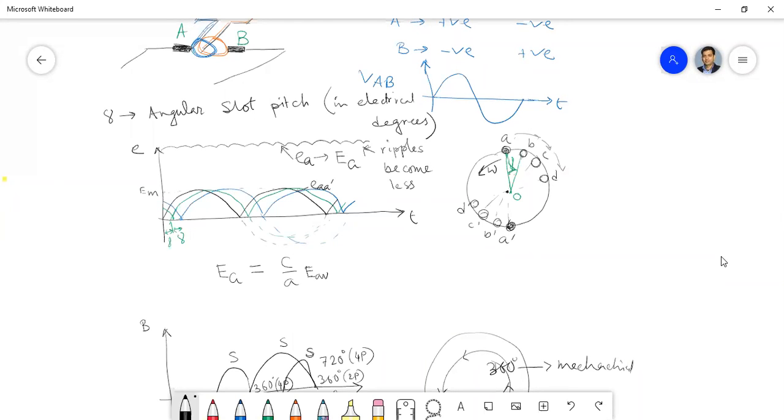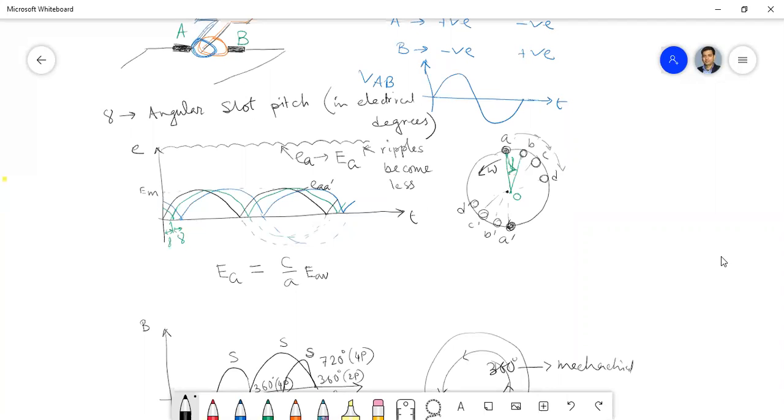The advantage of the distributed coil is we get the induced voltage with some lag, with some phase angle. That phase angle, which is called gamma, the angular slot pitch, is basically the angle between two consecutive slots.